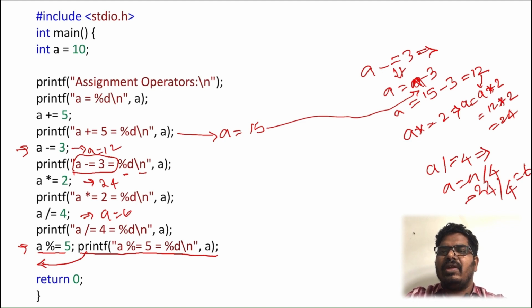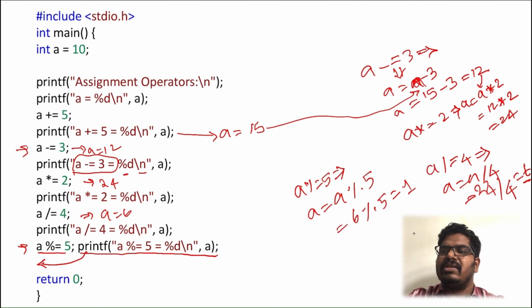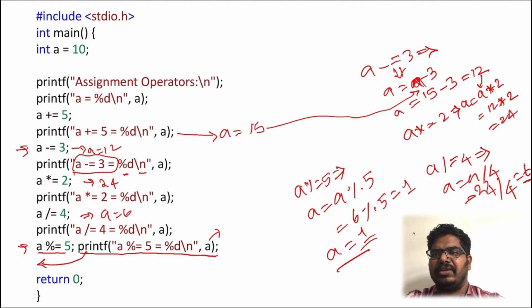Now a percent equal to 5 is equivalent to a equal to a percent 5. What was the value in a? It is 6. 6 percent 5 is 1, the remainder. 5 into 1 is 5, remainder is 1. Now a is storing the value 1. So at the end of this expression, a will have value 1. That's why 1 will be printed here.